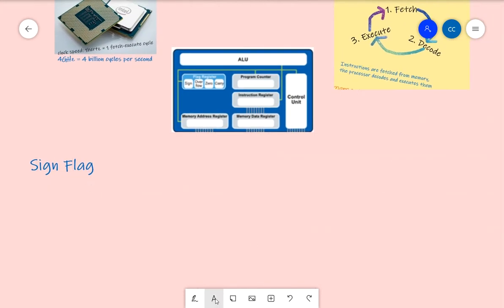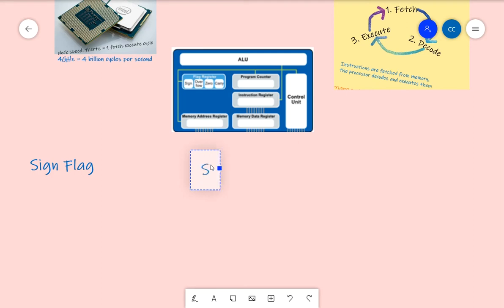So what can we say about this sign flag? The first thing that we need to be aware of is that the flags are set as the result of calculations that have just been carried out in the arithmetic logic unit.